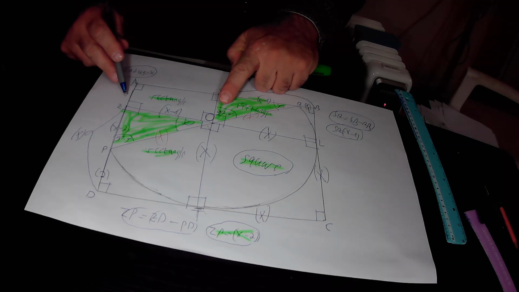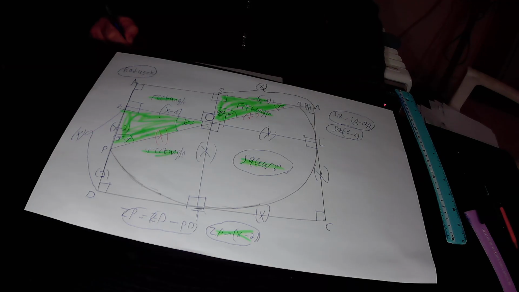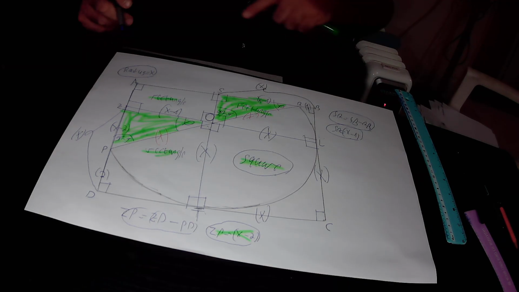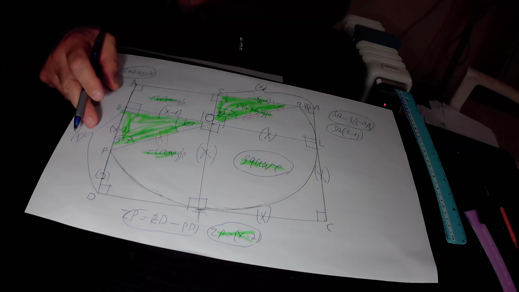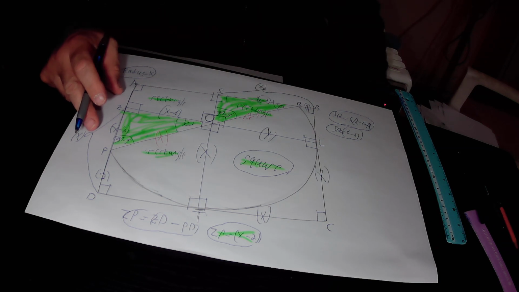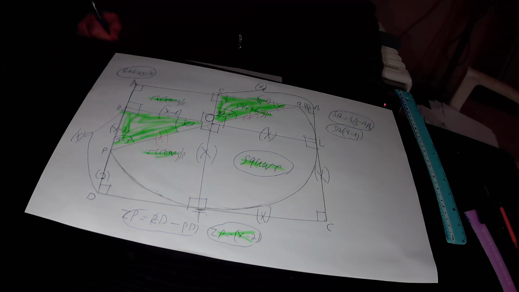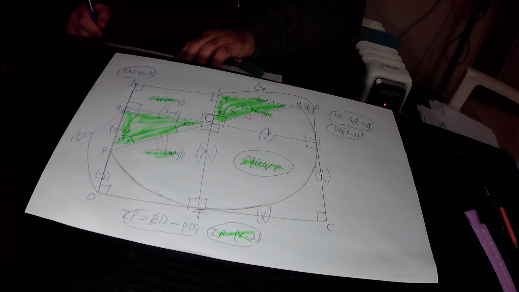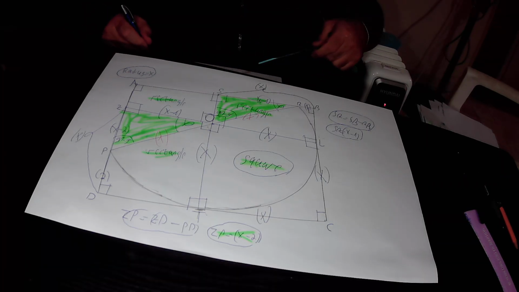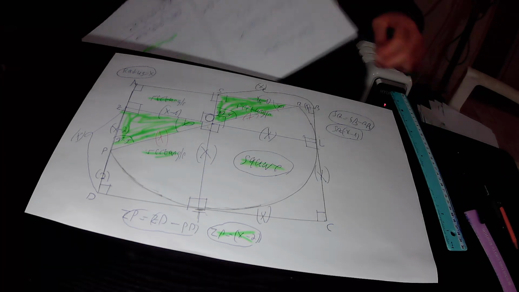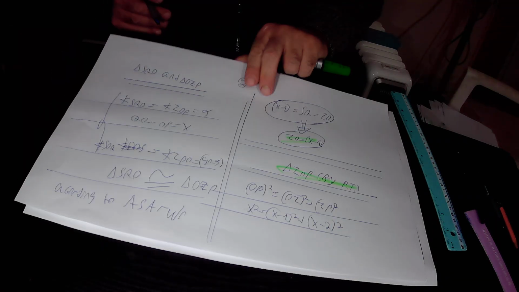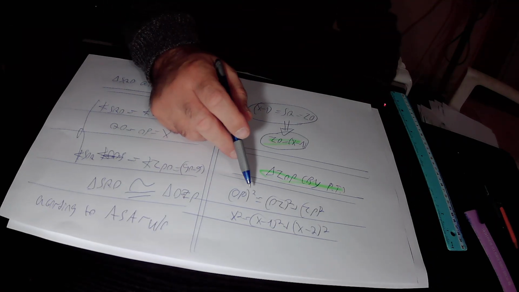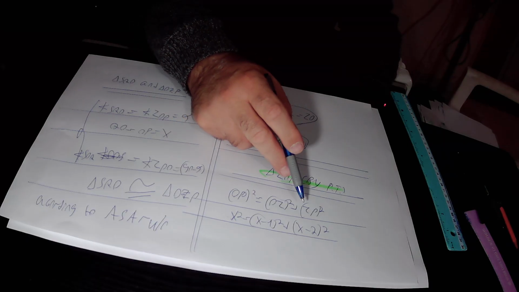OZ is x minus 1, therefore OZ square is x minus 1 square, plus ZP square. ZP is x minus 2, therefore ZP square is x minus 2 square. So in total, we should find out that x square equals x minus 1 square plus x minus 2 square.